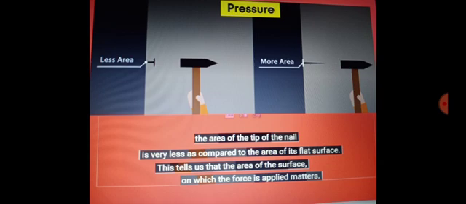So the area of the tip of the nail is very less as compared to the area of its flat surface. This tells us that the area of the surface on which the force is applied matters.